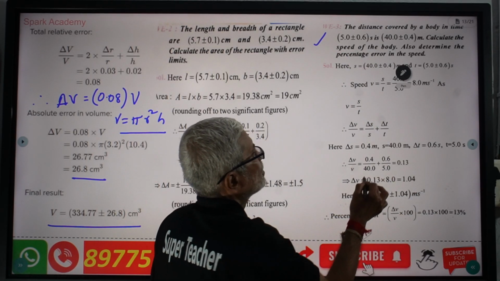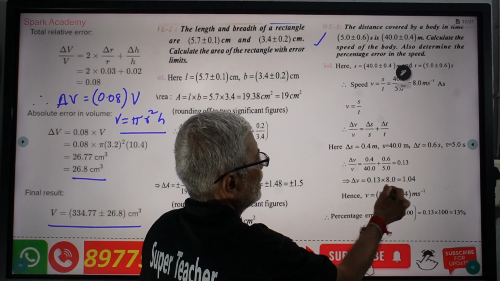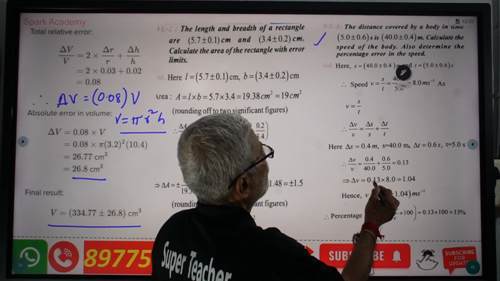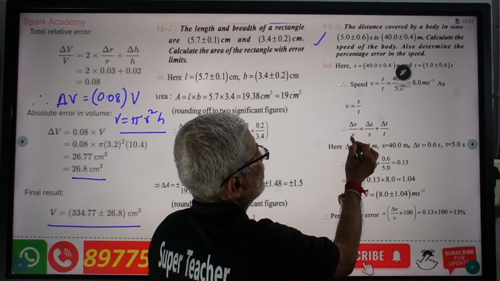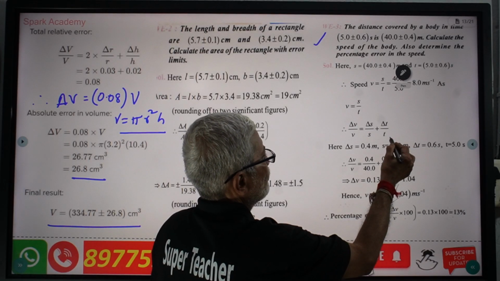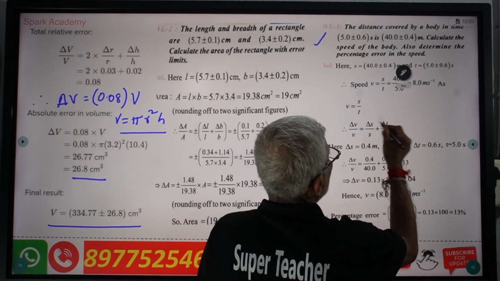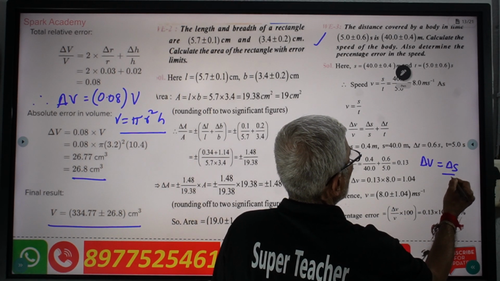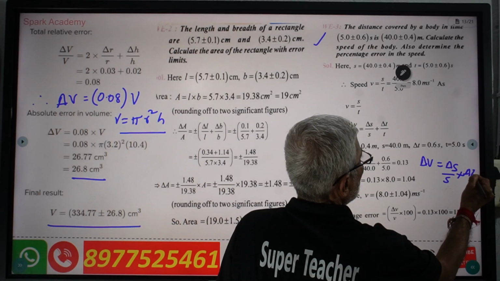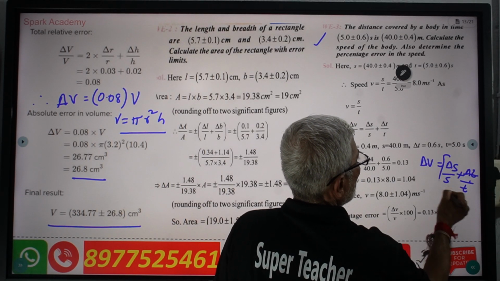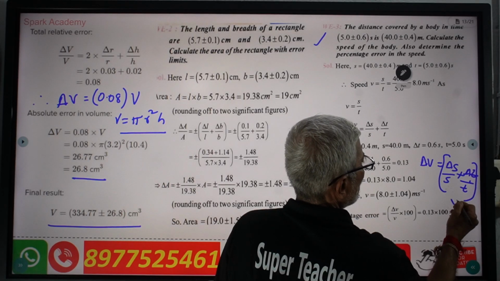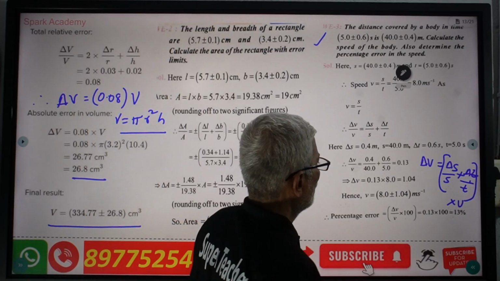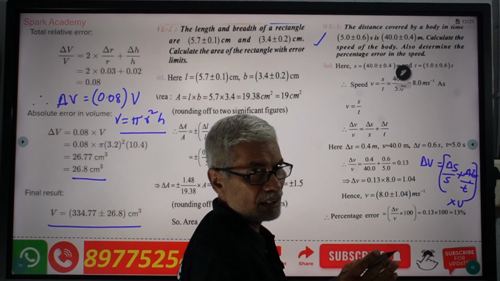So you substitute all these things, del S, S, del T, T, and you will get the value 0.13. Then you multiply by V: del V will be equal to del S by S plus del T by T, into V. So that we have done here. You got 1.04. So del V is nothing but the change in velocity.